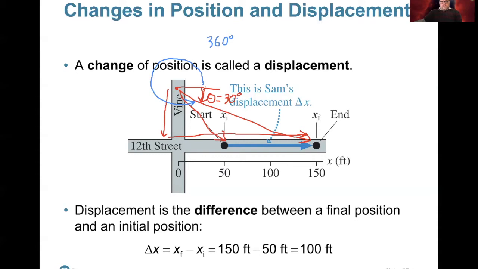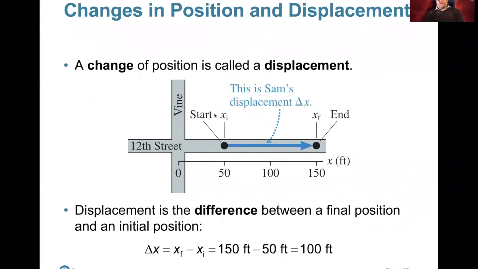But here, I want to find my angle going counterclockwise. And so I would subtract it from the angle going clockwise. So it would be 360 degrees minus 30 degrees. That would give me a total of 330 degrees going counterclockwise.